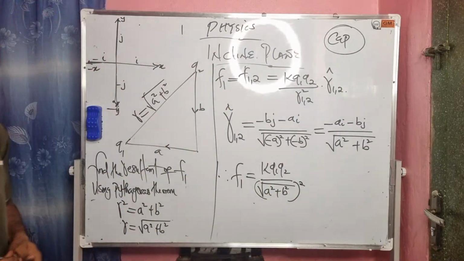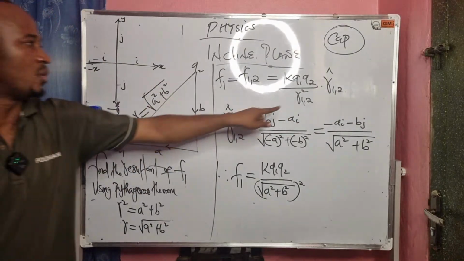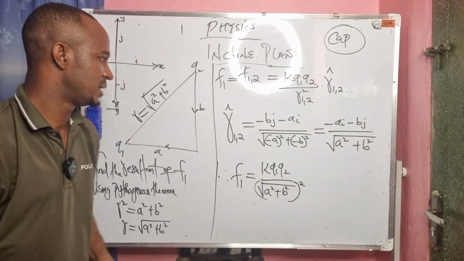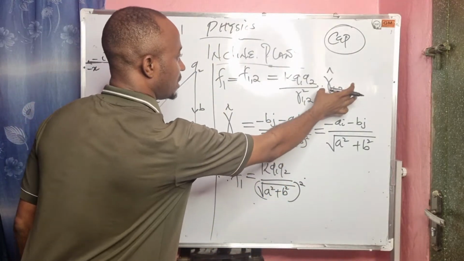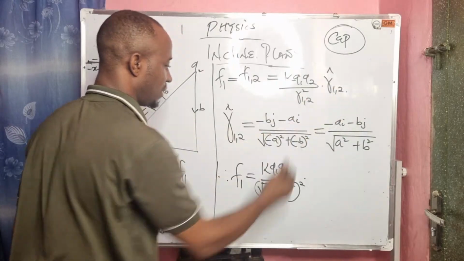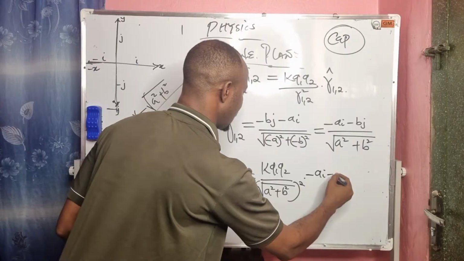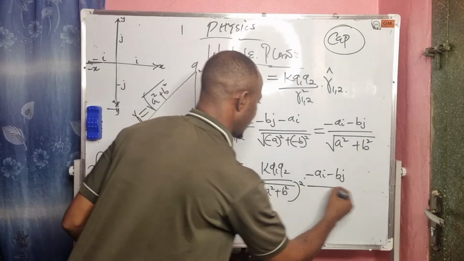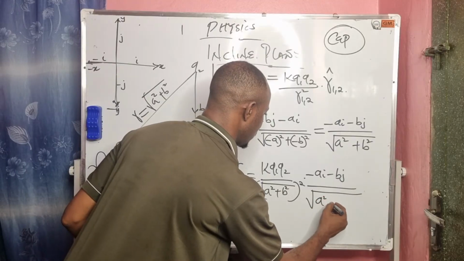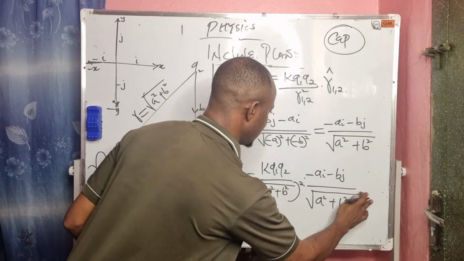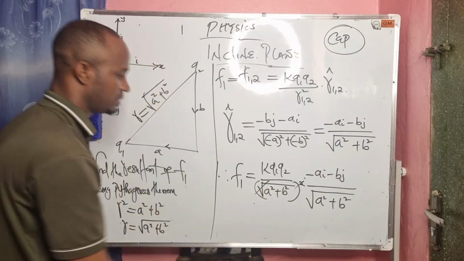Don't forget, all squared. The distance r1,2 is just this, but we have a square here, so I have to put the square. Times the unit vector of r, the unit vector from 2 to 1. What do we have? We have this, right? Minus ai minus bj divided by the square root of a squared plus b squared. The square can cancel the square root here.